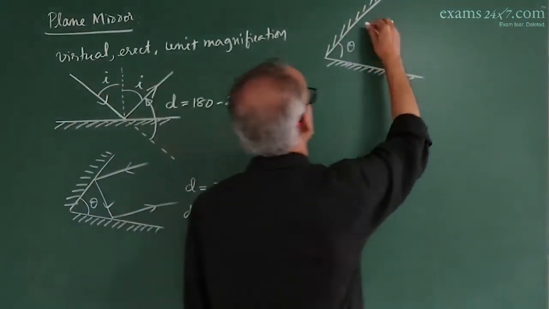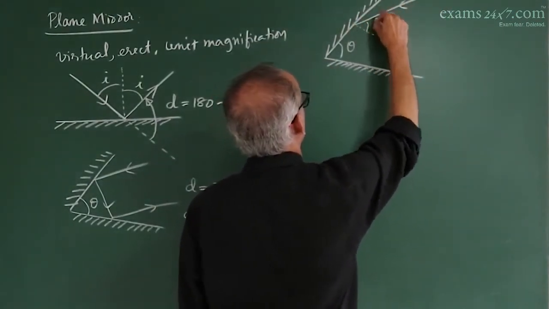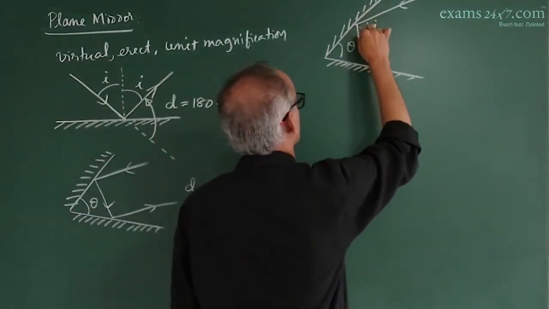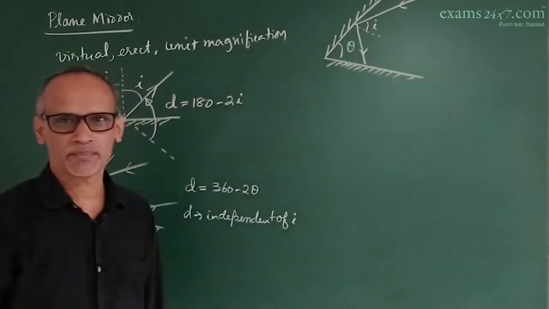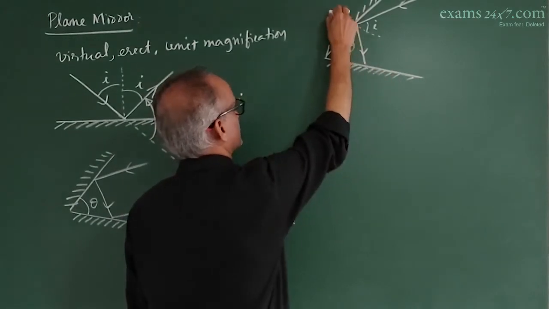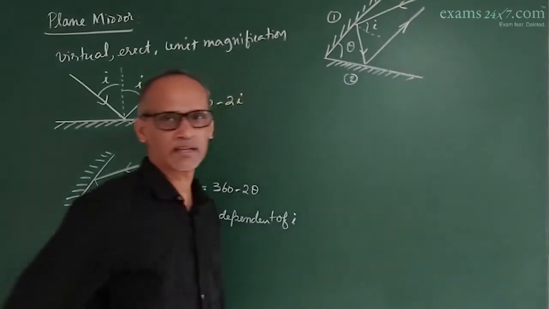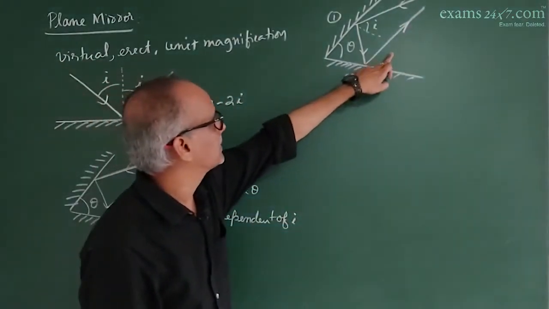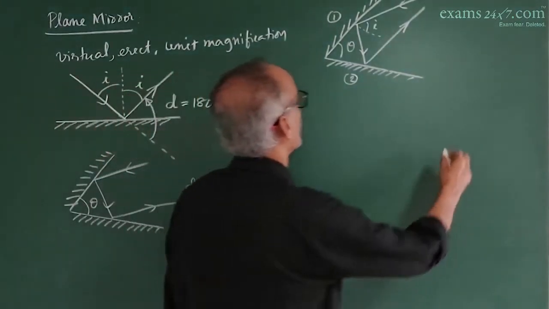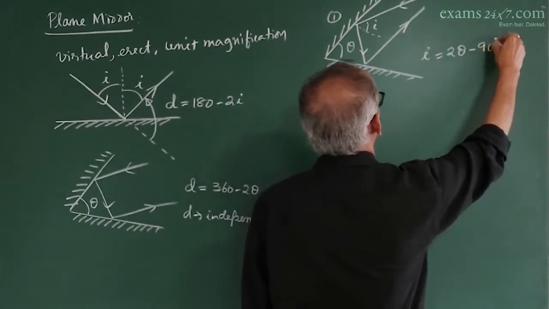If a ray is incident on the first mirror at an angle i, and after reflection, it falls on the second mirror, this is the first, this is the second mirror. If the ray gets reflected in such a way that it is parallel to the first mirror, then the angle of incidence is equal to 2 theta minus 90 degrees.